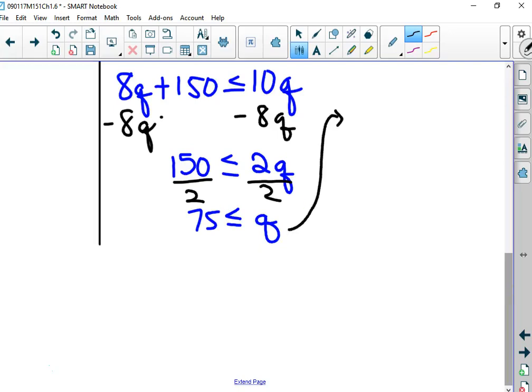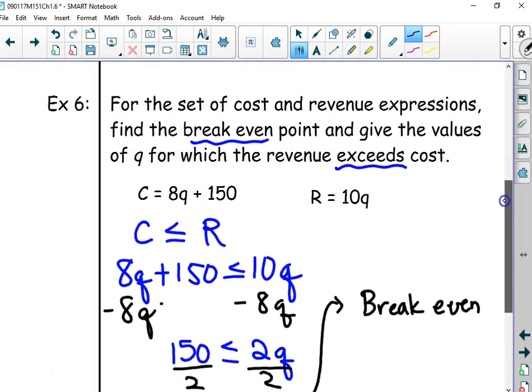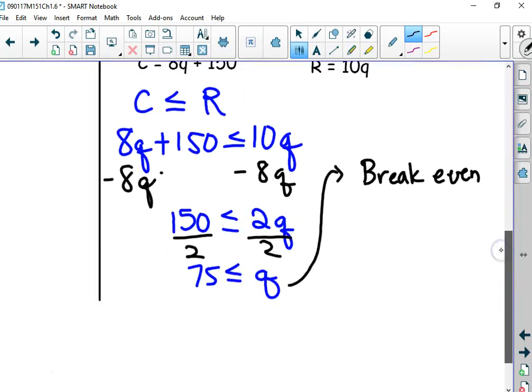Let's go ahead and write it in a sentence. Break even at the equals part, at Q equals 75. So right at 75, the cost and the revenue are equal. That's your break-even point. You're not going to lose any money there.